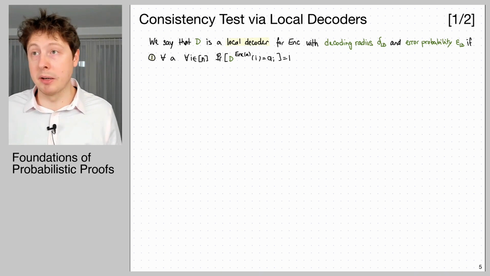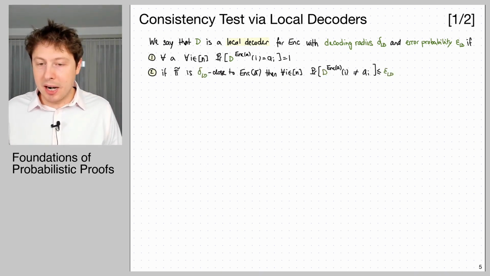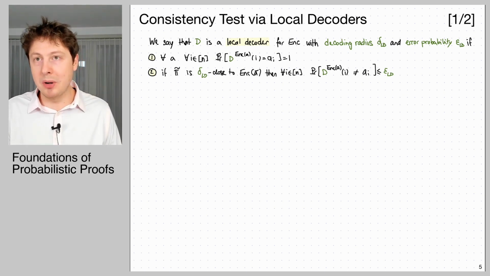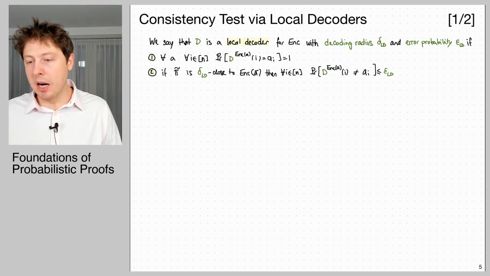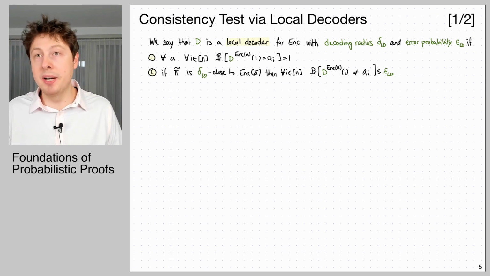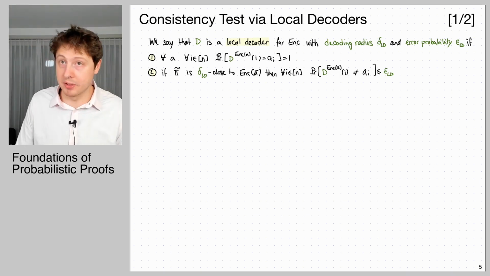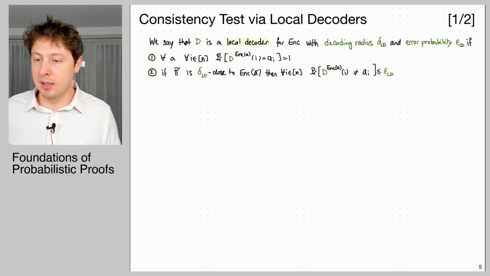It makes a small number of queries. The other direction says, if you give me some noisy code word that is not too noisy, well, how not too noisy? Well, delta LD close. Then I'm still going to be able to recover it, but I may have some error and it's bounded. But this is true for every single index, for every single location of the message.